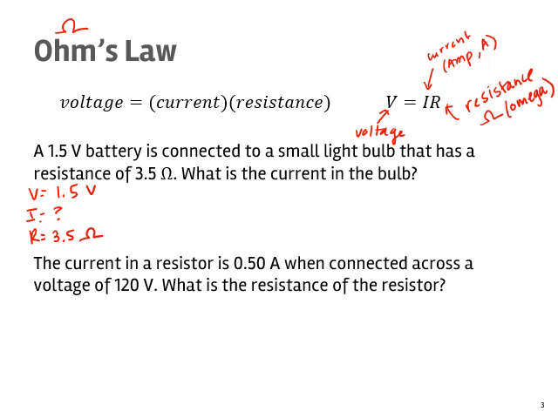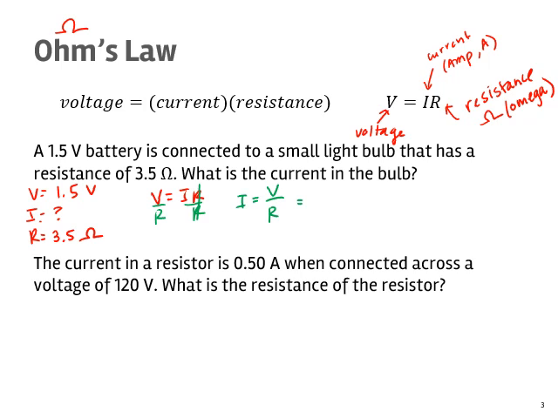Now, in terms of solving this equation, we have V equals IR. We need to get I on a side by itself because we're solving for the current or amps. So we're going to divide both sides by R. So that gives us I equals, our R's cancel out, V over R. For this, we have to make sure everything's in the right unit, and it is volts for voltage and then ohms or omega for resistance.